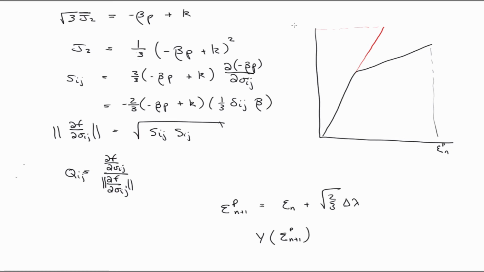Let's say epsilon p n+1 would be bigger, right? It is bigger, on the x-axis. The final point of the red one is your epsilon p n+1. Well, yeah, I'm going to run out of room, but yes, it's over there, right?